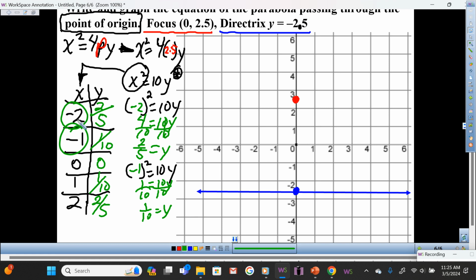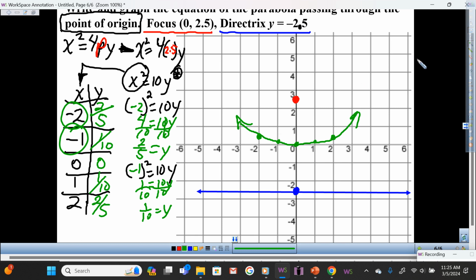Let's see. -2 of x, 2.5 of y, -2, 2.5, -1, 1/10, 0, 0, 1, 1/10, and 2, 2.5. Ooh-wee. Is it opening up towards the focus? Yes. All right. So I walk you through these two just to refresh your noodle.